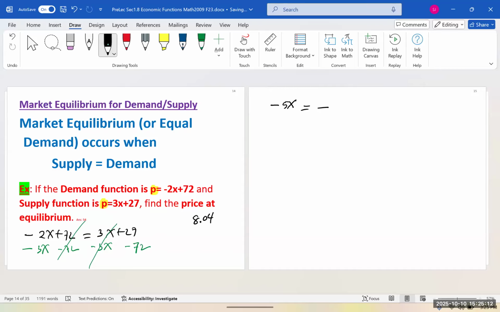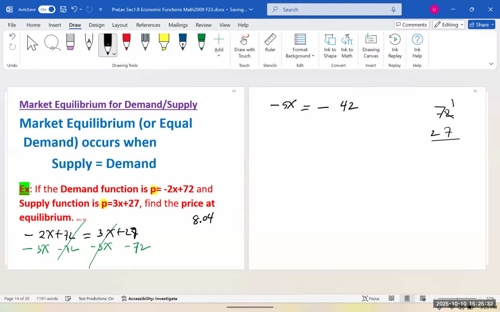72. How much is 72 minus 27? 42. 72 and 27.